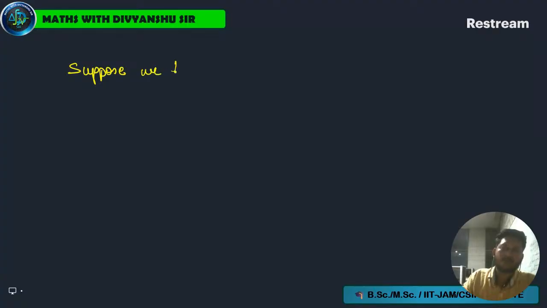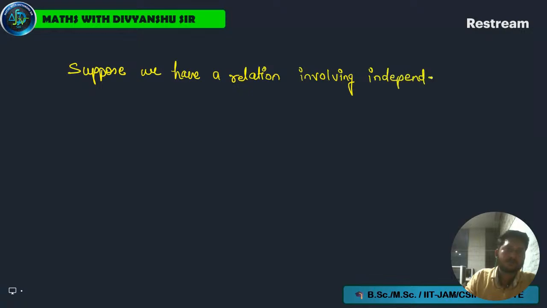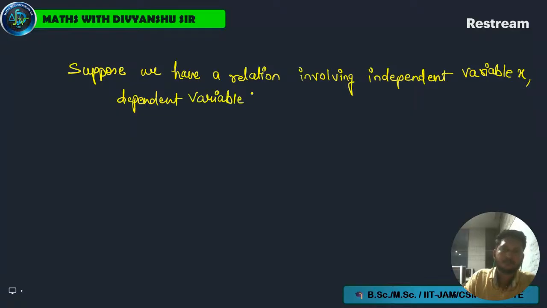So basic concept like this. Suppose we have a relation involving independent variable x, and dependent variable y, and an arbitrary constant.